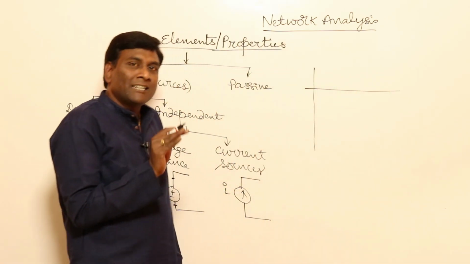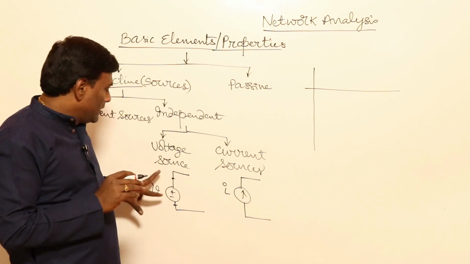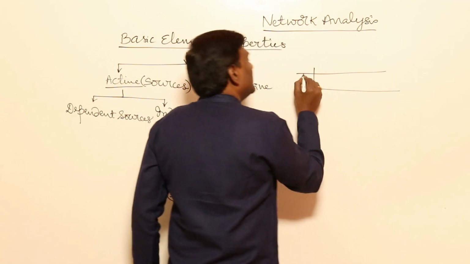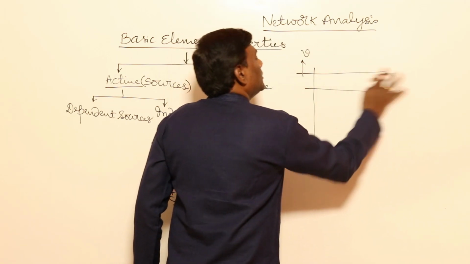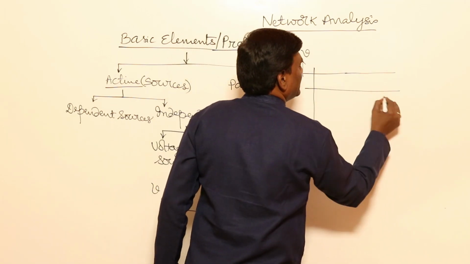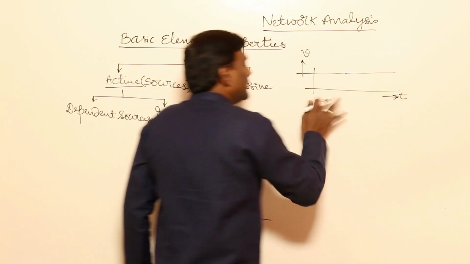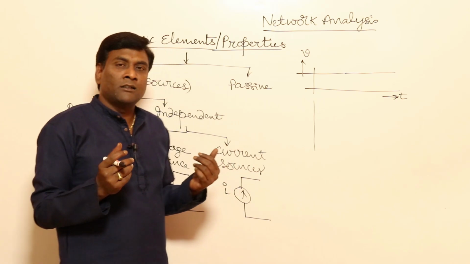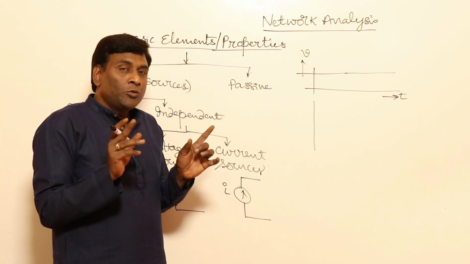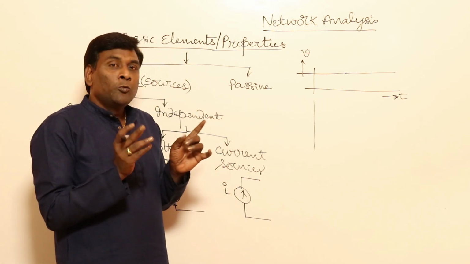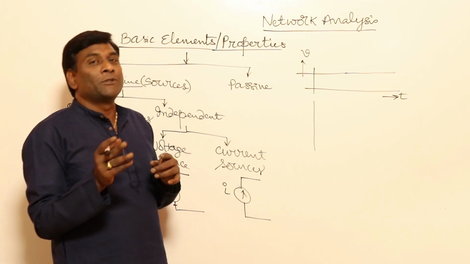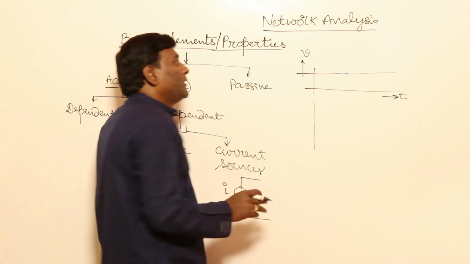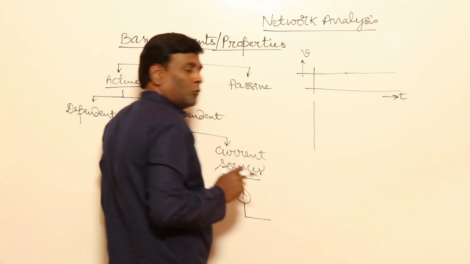For example, this voltage is constant. So this is going to be V, which is constant with respect to time. You have to identify which can be a source waveform and which cannot be a source waveform. Then only you will understand what is a source. For example, if it is constant, what does it mean?